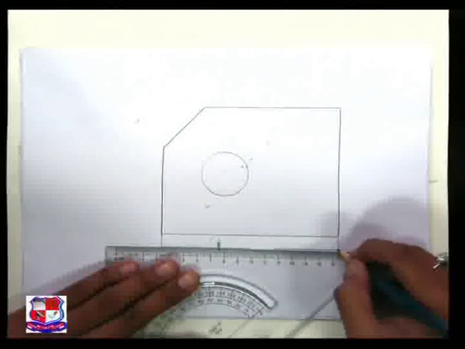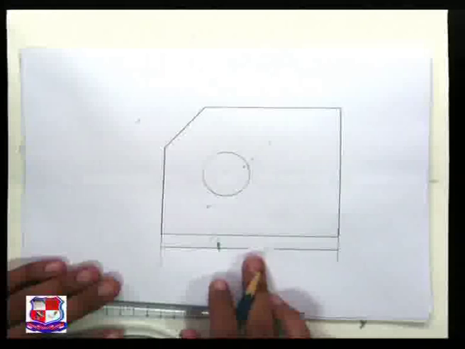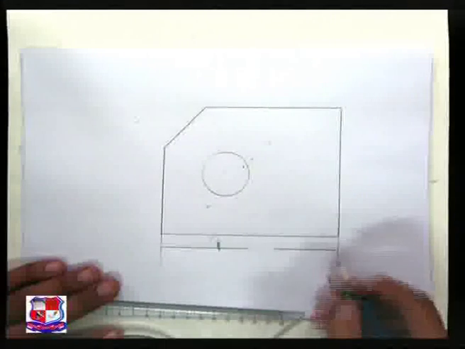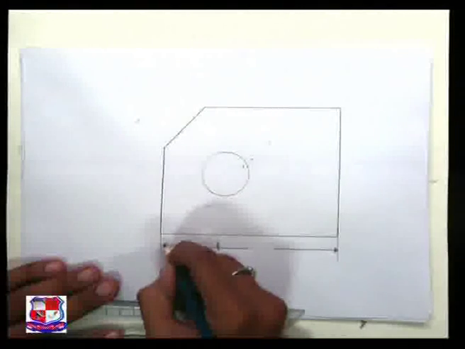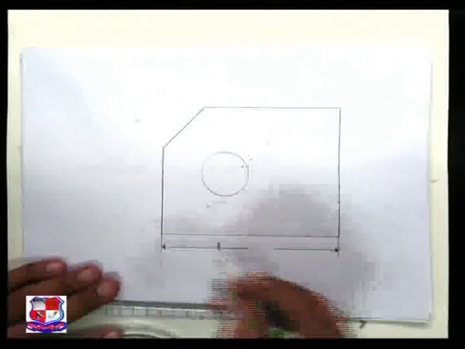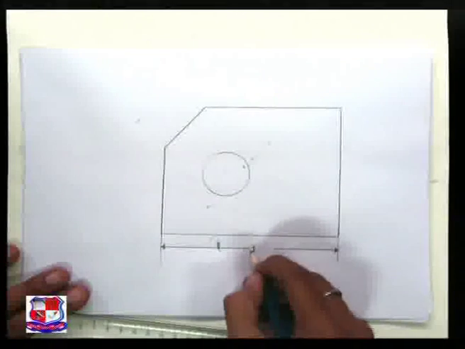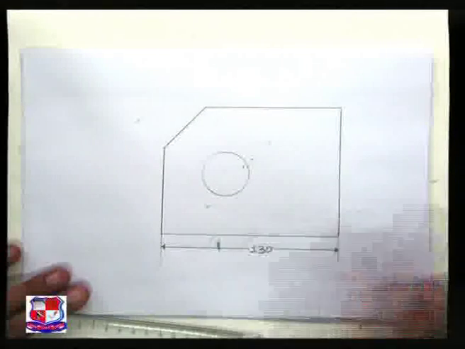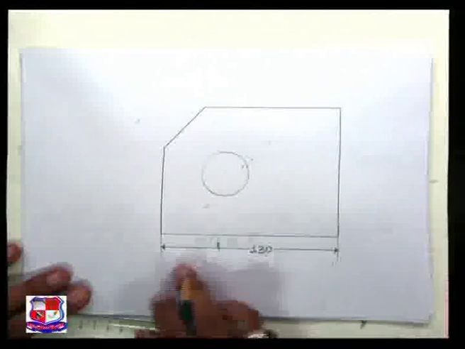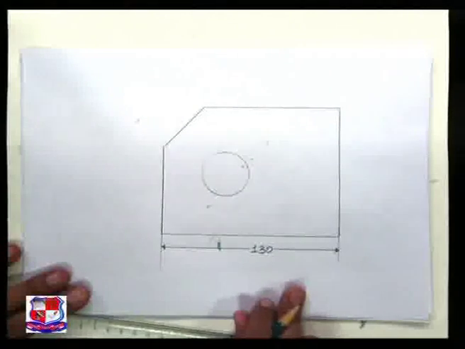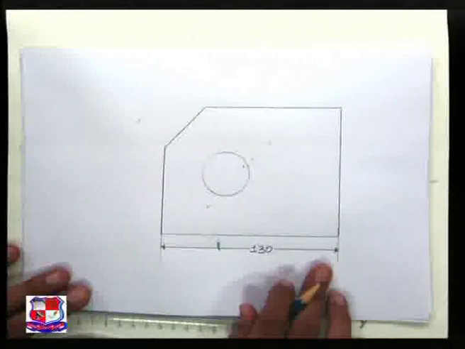In the unidirectional system, the dimension line should be cut in between, in the middle. Close filled arrows on both sides. Write the dimension in the middle of the dimension line. You can see very easily how we can give the horizontal dimension.